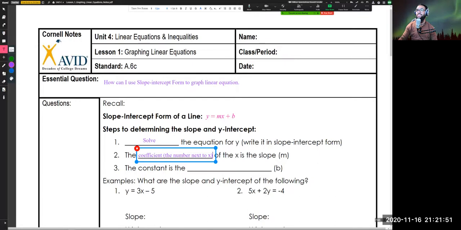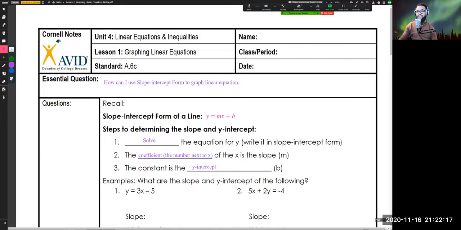So our coefficient is m. That's our slope. And then the constant term is just the number that's by itself, what's called the y-intercept. That's what that b stands for. b stands for y-intercept, all right?